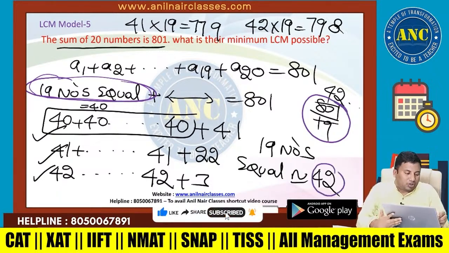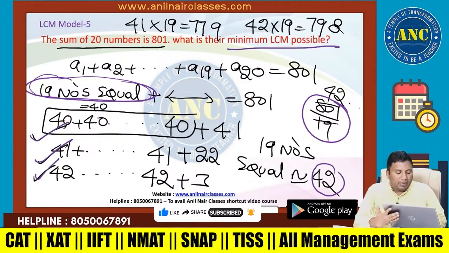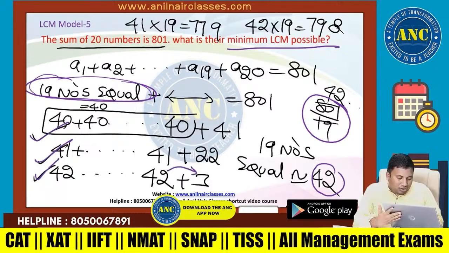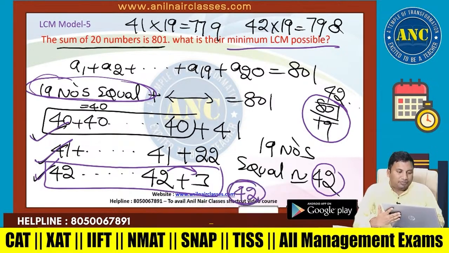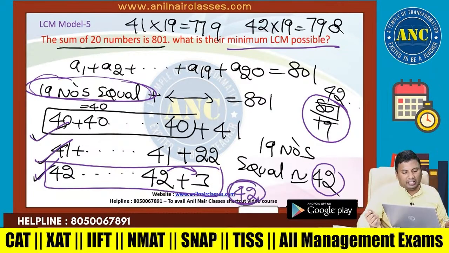Closer to 42, take the values 40, 41, 42. To get the minimum LCM, the other number should be a multiple of these numbers. So the answer is LCM of 42 with 3, which is 42. Answer for this question is 42. Very good, logical question. I hope it is clear.